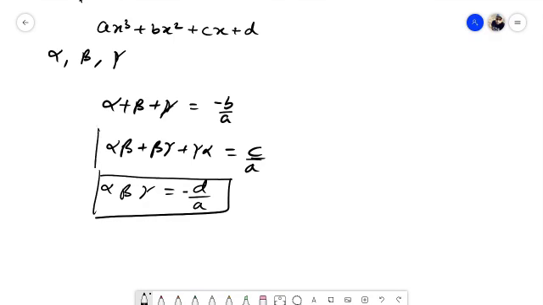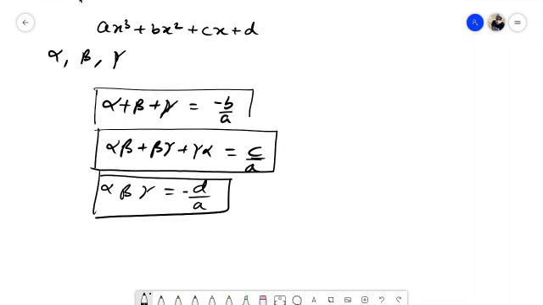So for the cubic polynomial, the relation between the zeros is going to be like this: alpha plus beta plus gamma, that is the sum of the zeros, is minus b upon a. The sum of the zeros taken two at a time, that is alpha beta plus beta gamma plus gamma alpha, is c upon a, and the product of the zeros is minus d upon a.